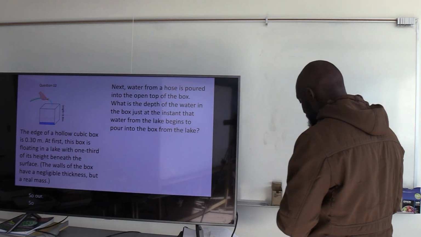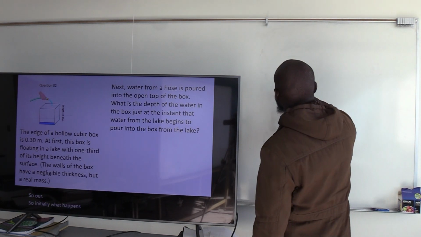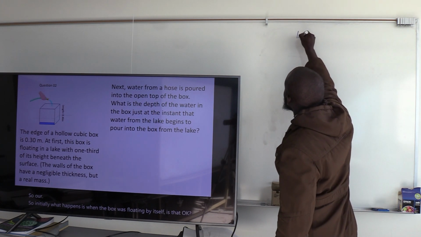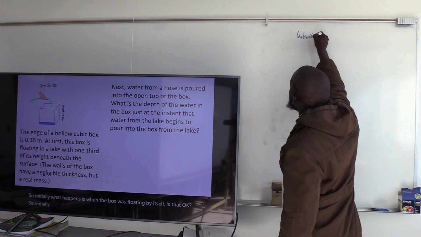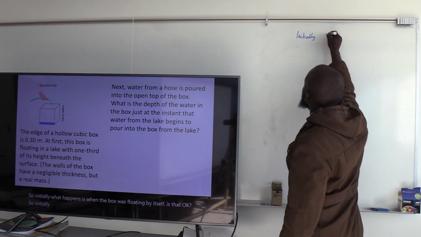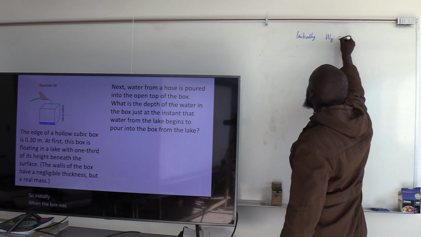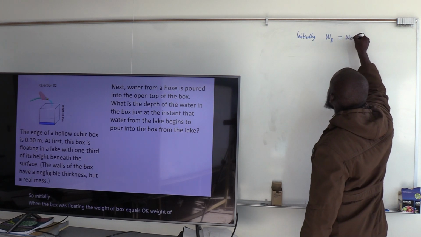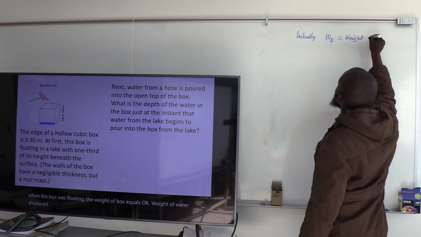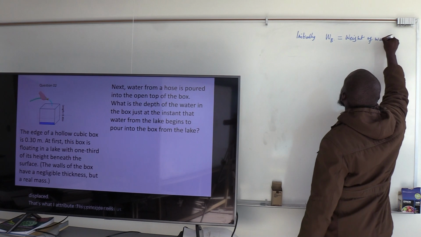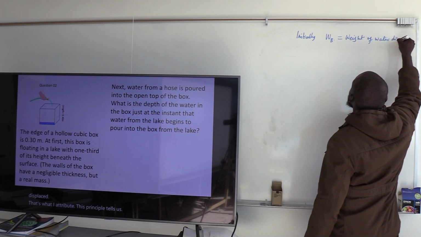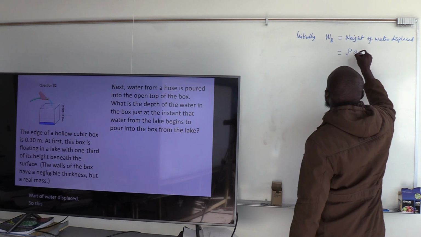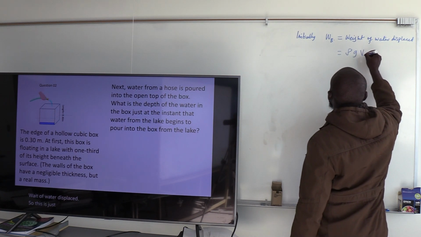Initially, when the box was floating by itself, the weight of box equals the weight of water displaced. That's what Archimedes' principle tells us. So this is just rho g times the volume of water displaced.